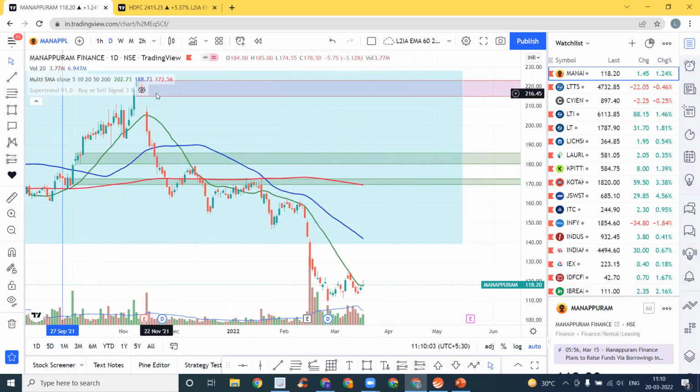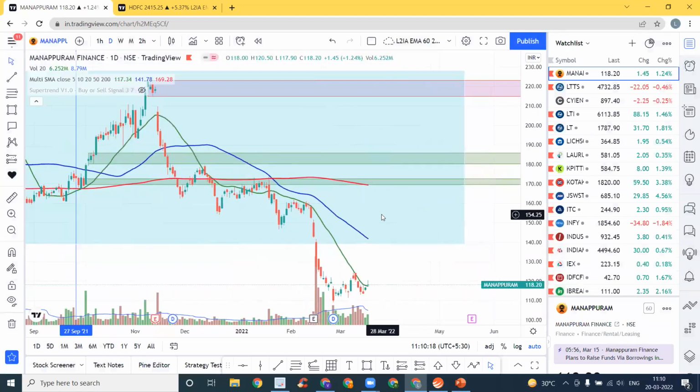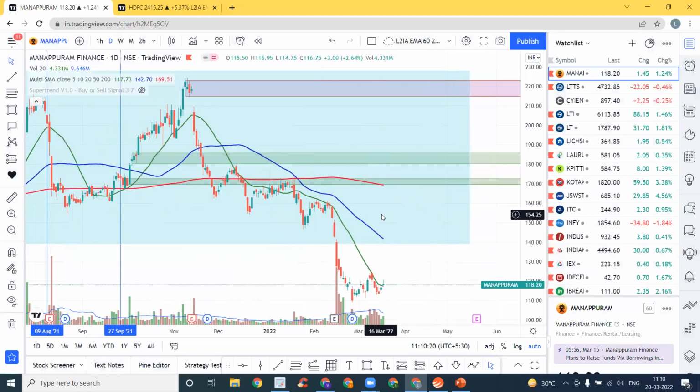This stock was doing well, and from last October it started falling, and from 200, 170, 180 levels, it has come down to these levels. And there are some problems in this company itself. There were some issues because of which the stock has fallen down, not only because of the war, but some problems were there. And that is one of the reasons this stock has taken a beating.